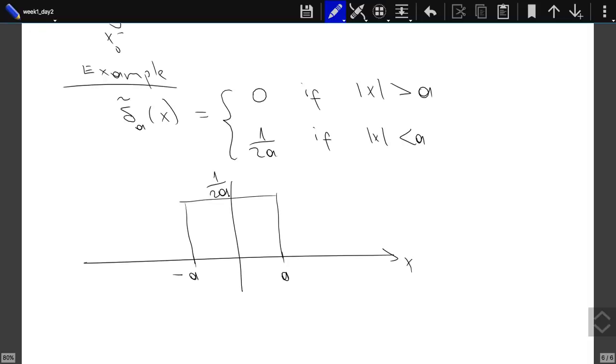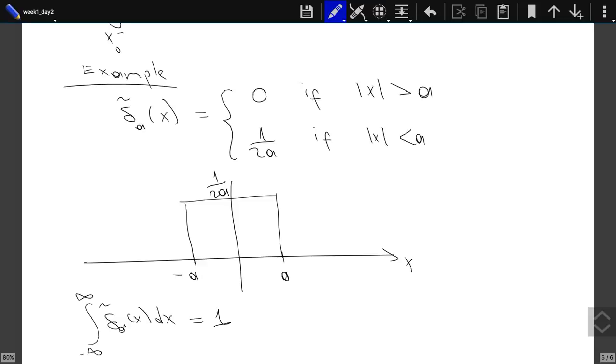It's just this rectangular function. Now, if we take smaller and smaller values of a, you see the area of this function is 1, whatever the value of a is. So the integral of the function from minus infinity to infinity is equal to 1, whatever value of a is.